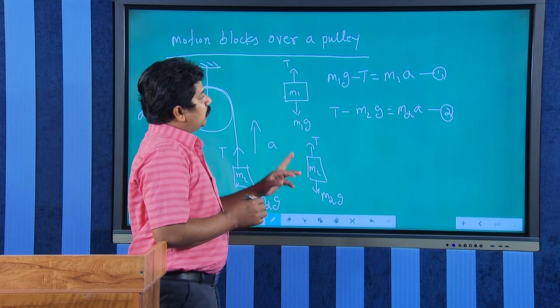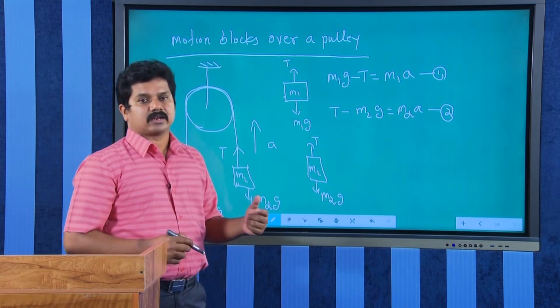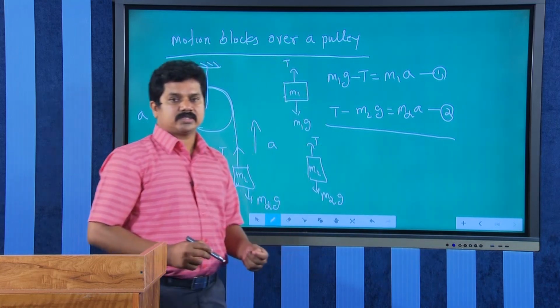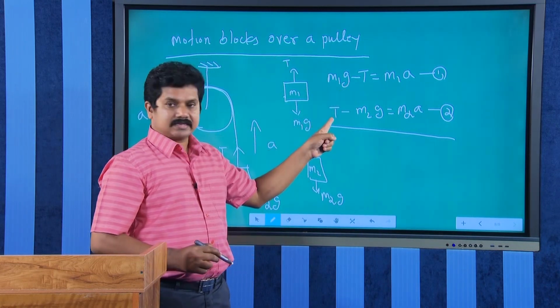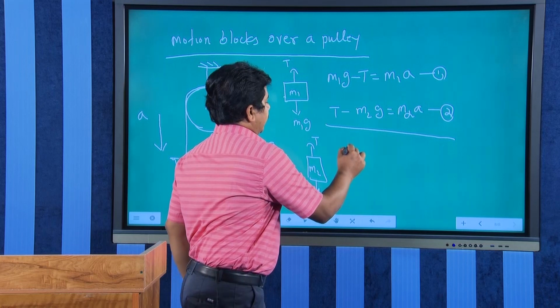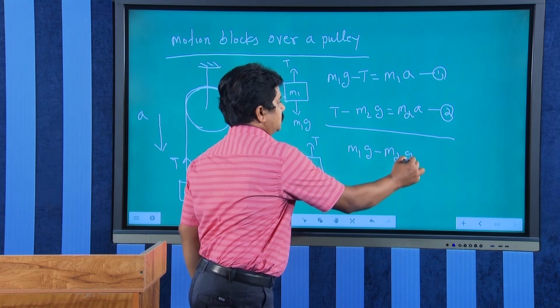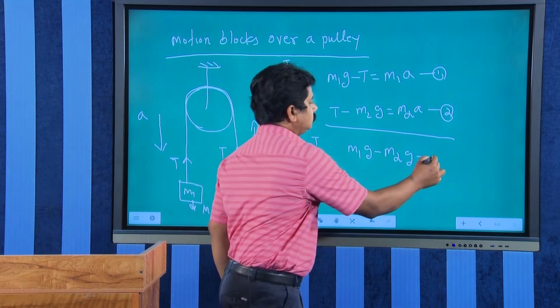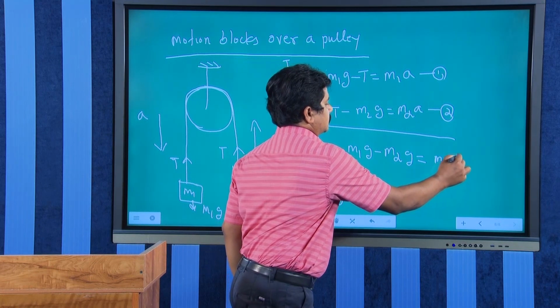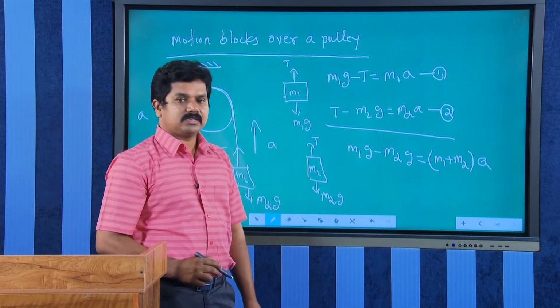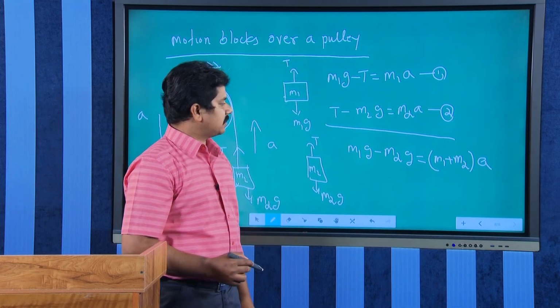Okay. Now, we need the acceleration. So, how do you find the acceleration here? Add these two equations. So, T gets cancelled. Now, we will get m1 g minus m2 g equal to m1 plus m2 into a.